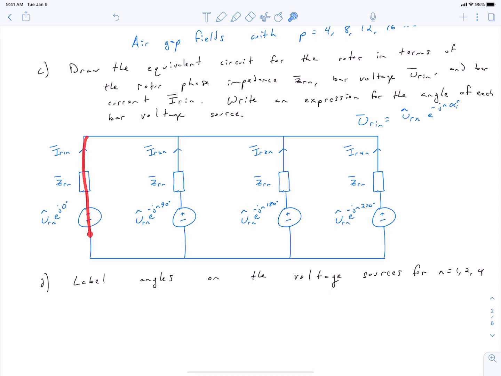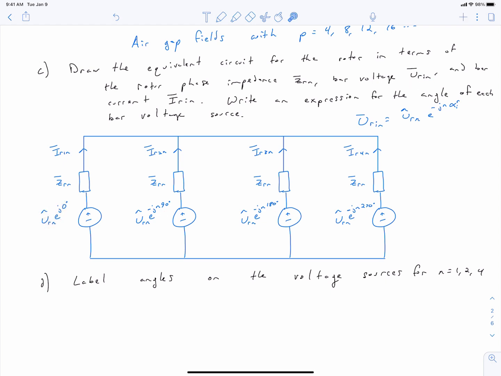Here we've got our 4 rotor bars, and I've numbered them. Here's 1, 2, 3, 4. And in series in each rotor bar, we've got an impedance source, which is ZRN, as instructed. We've got our rotor voltage source with the angle indicated for each bar.